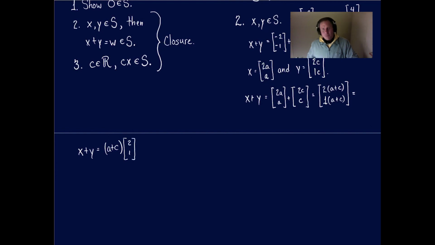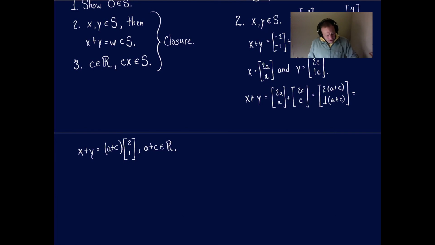Well, what is a plus c? A plus c is a real number plus a real number, so it's just another scalar, r, in R. And sure enough, if you take any two vectors on that line and add them, you're still on that line.